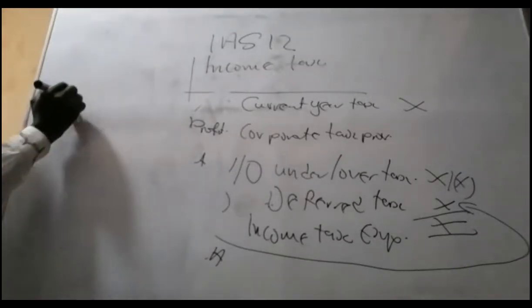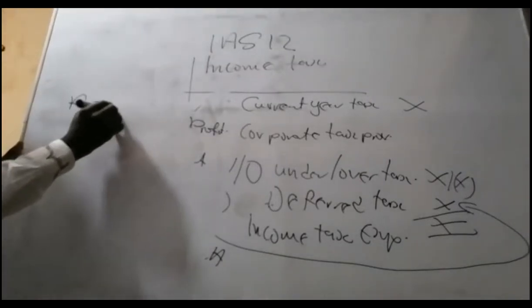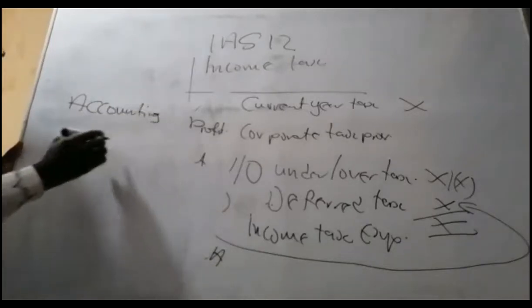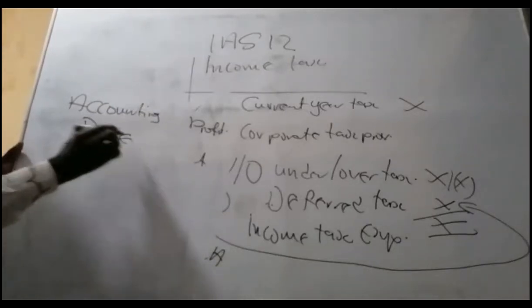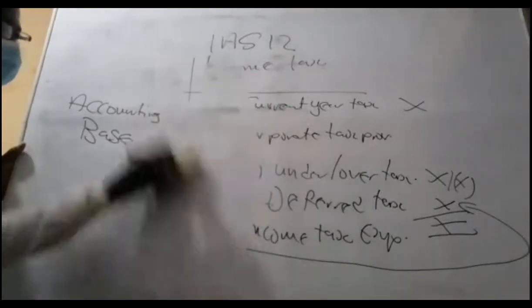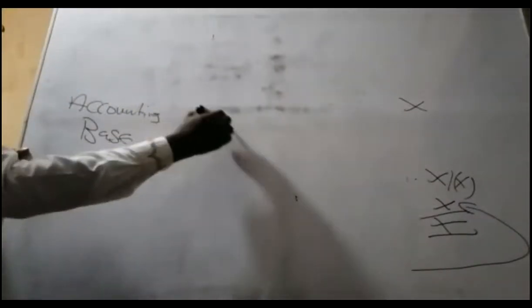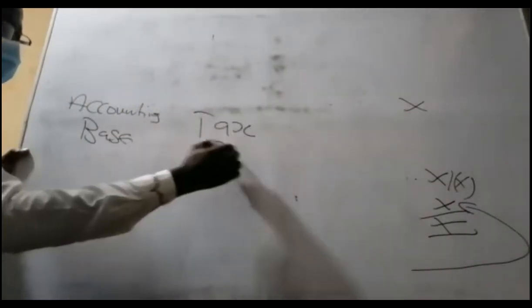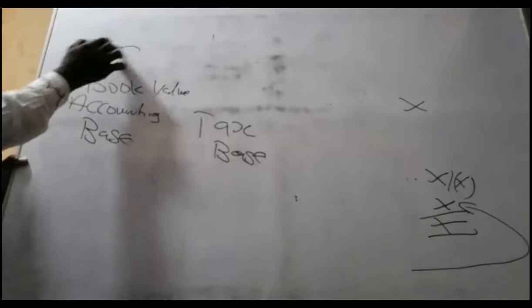You have what you call accounting base versus tax base. Now, accounting base, you can also call it book value. You can also call it carrying amount. Good. So the difference between carrying amount, book value, or accounting base, and their tax base.